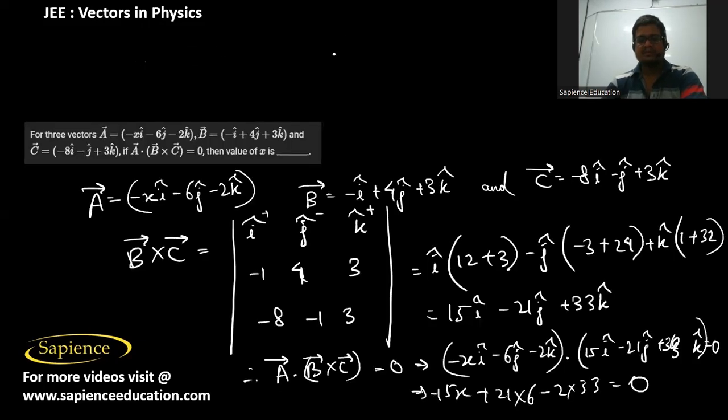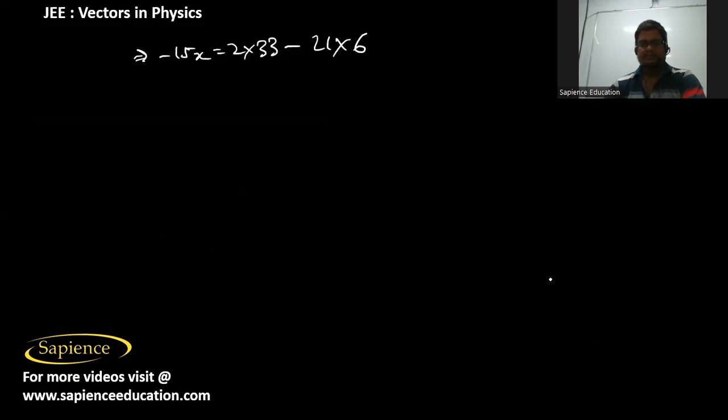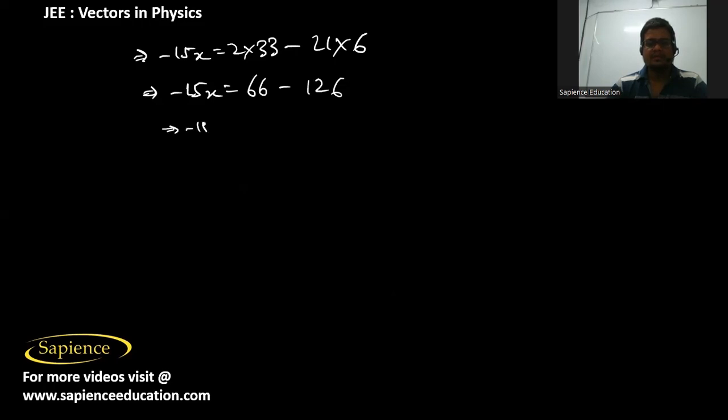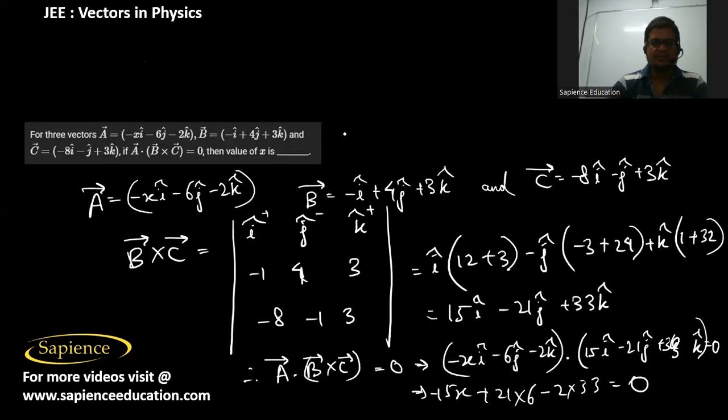Therefore minus 15x equals 2 into 33 minus 21 into 6, that is 66 minus 126. So minus 15x equals minus 60. Therefore x will be equal to 4.